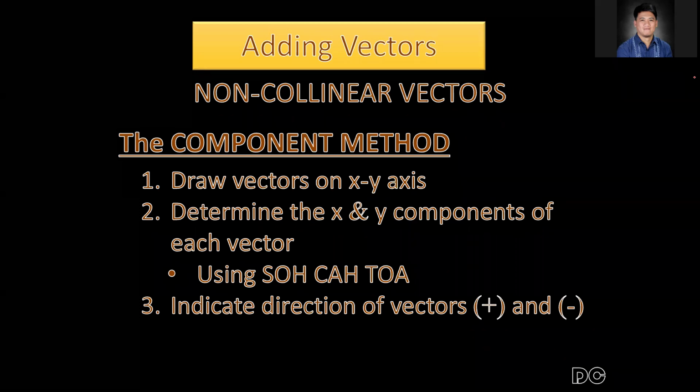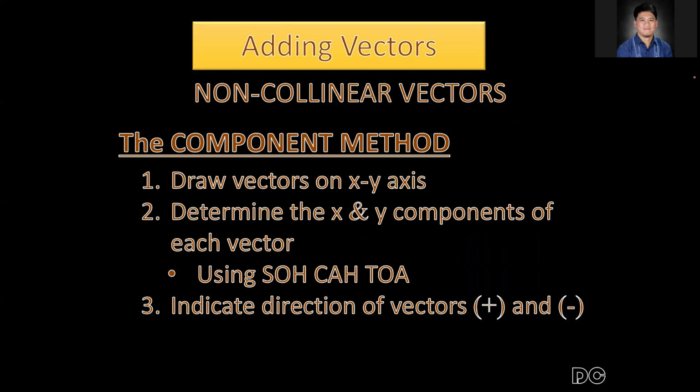Next is to determine the x and y component of our resultant. We will use the x and y component of our resultant to solve for the resultant and the angular direction.